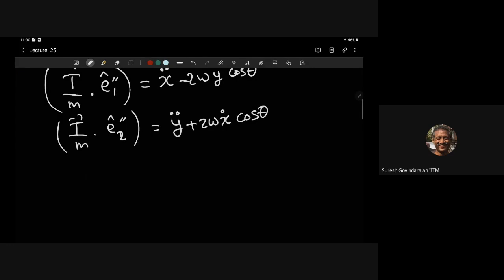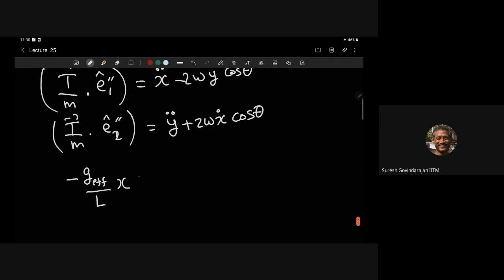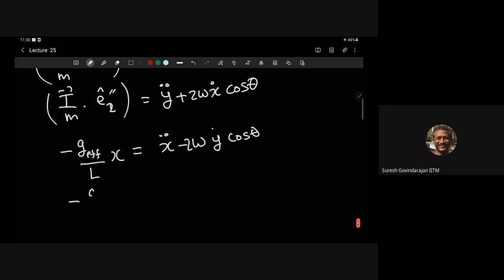You get minus G effective by L into X equal to X double dot minus 2 omega y dot cosine theta. This restoring force is proportional to the displacement.